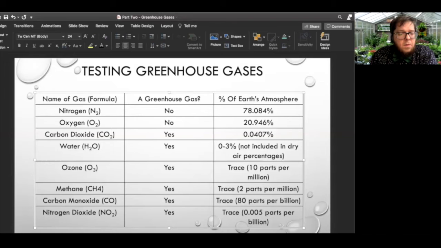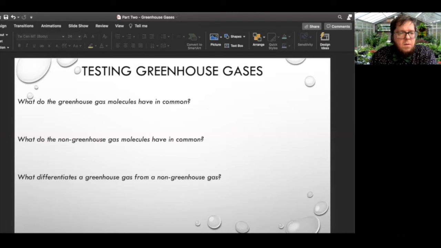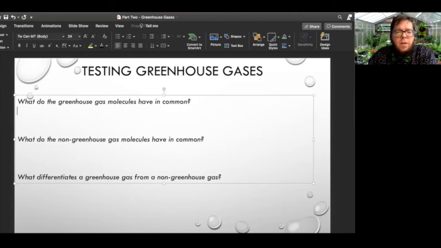All right. So let's try to put some things together here. If we put some puzzle pieces together, like good scientists, we will arrive at a very, very important conclusion. So, of all the gases we listed as greenhouse gas molecules, what do they all have in common? Anybody have a guess?